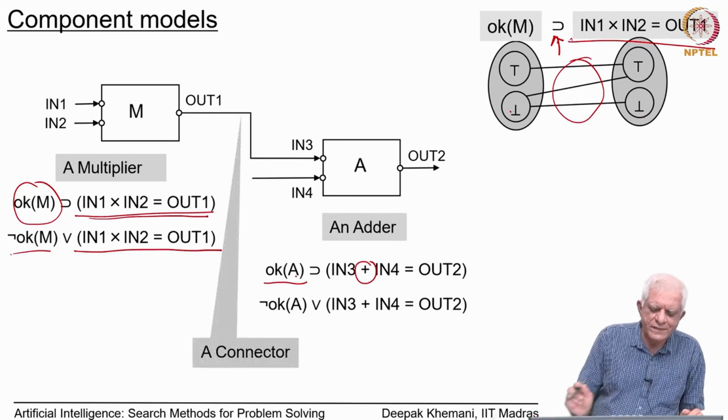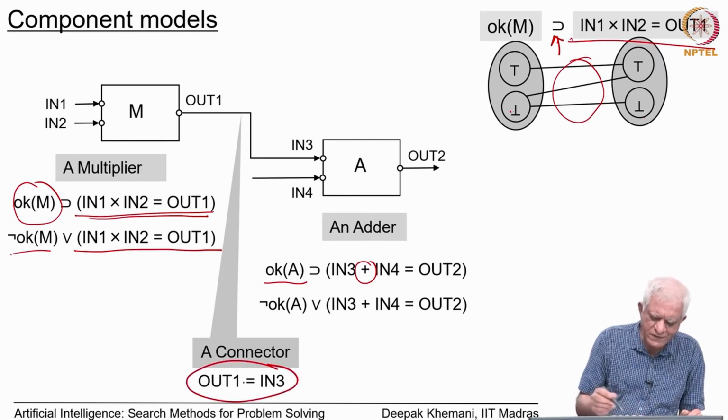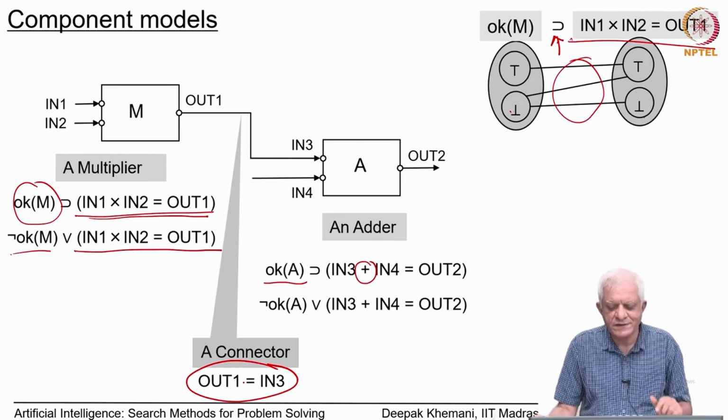So, you can say that the output of this multiplier goes as one of the two inputs to the adder, and this is expressed as another constraint which says out 1 equal to in 3 in this diagram. So, we are using components and connectors.